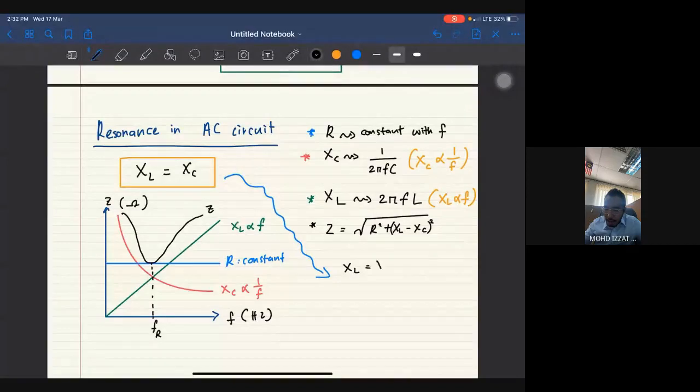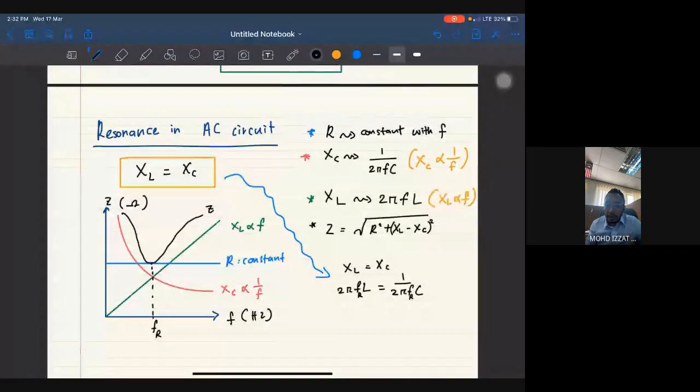XL equals XC. If I substitute the formulas of XL and XC, it will be 2 pi FL equals 1 over 2 pi FC. But remember, this is at the resonant frequency, so it is a specific value. One circuit has one value.